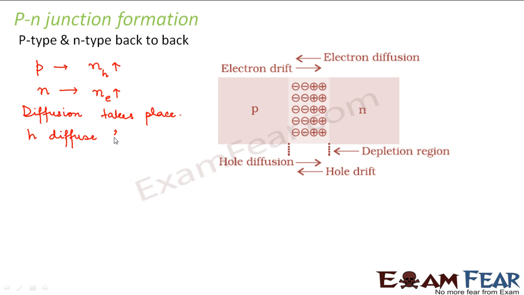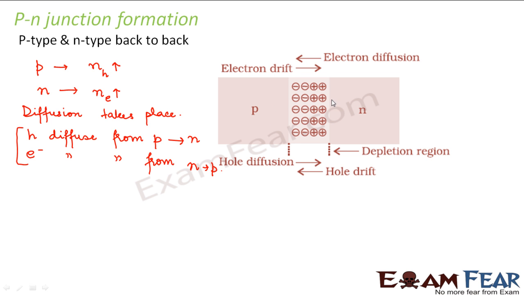Holes will diffuse from the region of higher concentration of holes, that is P, so they move from P to N. Whereas electrons will diffuse from the region of higher concentration of electrons, that is from N to P. Whenever you connect a P and N type semiconductor back to back, electron diffusion and hole diffusion start taking place.